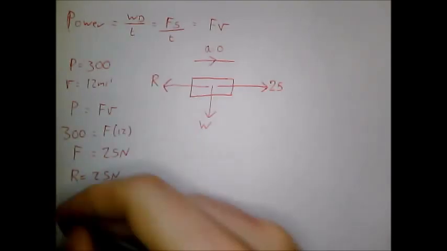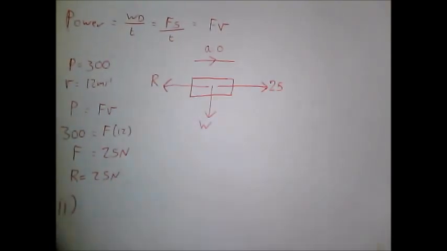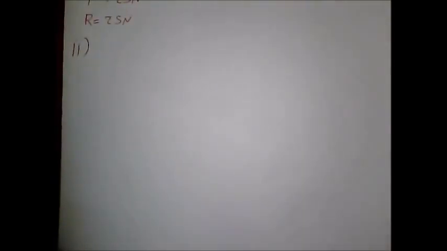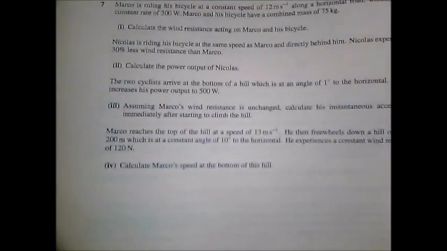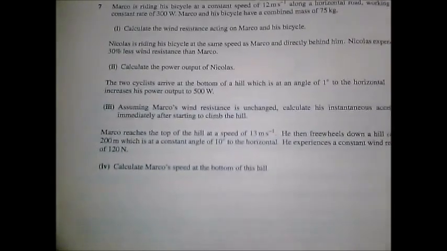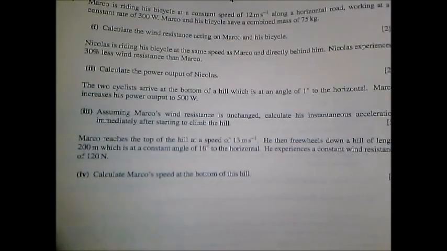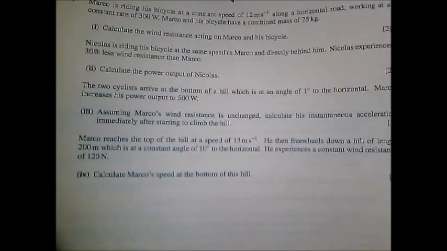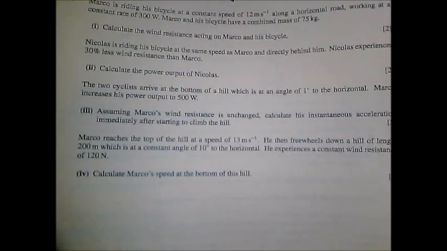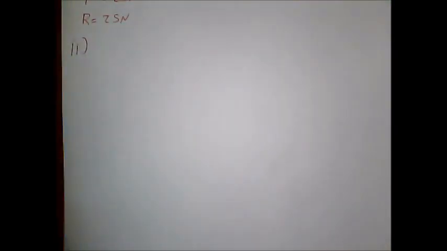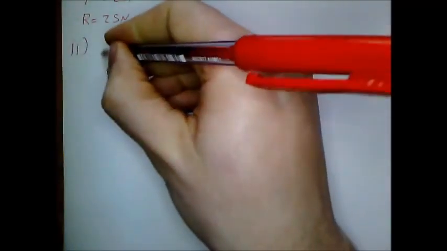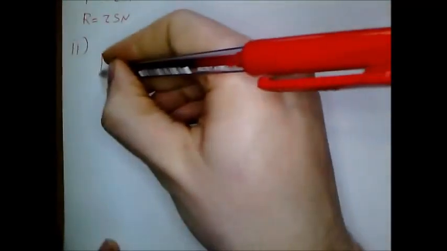Okay, for part 2 now. We have another biker. This time we have Nicholas, and he's riding his bicycle at the same speed as Marco, directly behind him. And Nicholas experiences 30% less wind resistance than Marco, and we want to find out the power of Nicholas. Okay, so here, let's just quickly model what's happening.